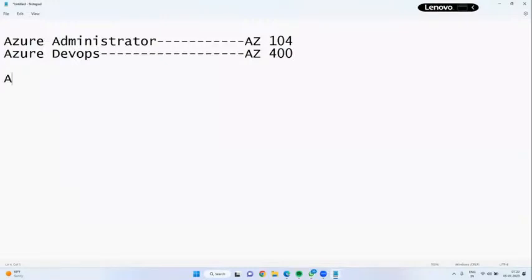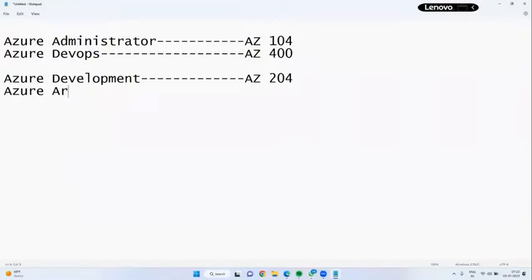In the same way, for Azure development, we have AZ-204. Next, Azure Architect. Azure Architect is AZ-305. These are the 4 important certification papers.